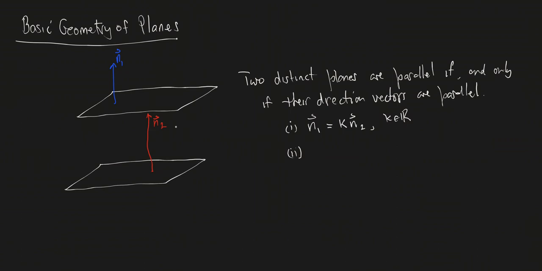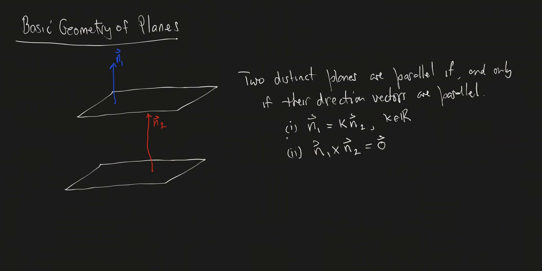Now, obviously, computing the cross product is a little bit more involved than checking to see if two vectors are scalar multiples, but it works. So you could take n1 crossed with n2, and if that cross product comes out to be the zero vector, then you can conclude that the two vectors are indeed parallel.